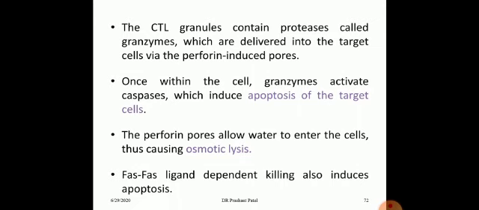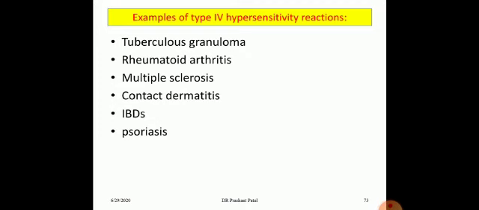Once within the cell, this granzyme activates caspases which induce apoptosis of the target cell. The perforin pores allow water to enter the cells and cause osmotic lysis. Fas ligand dependent killing is also there which induces apoptosis. These are the examples of type 4 hypersensitivity reaction.